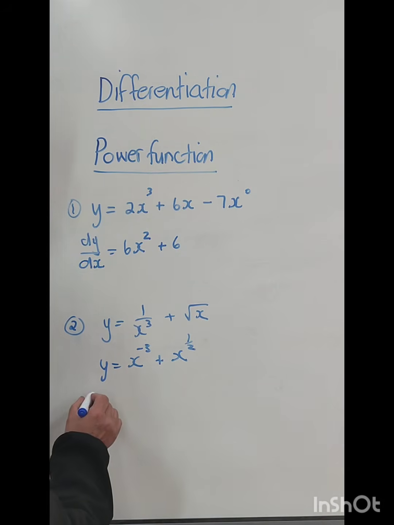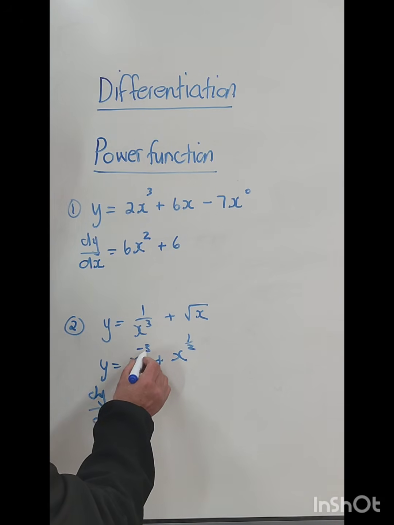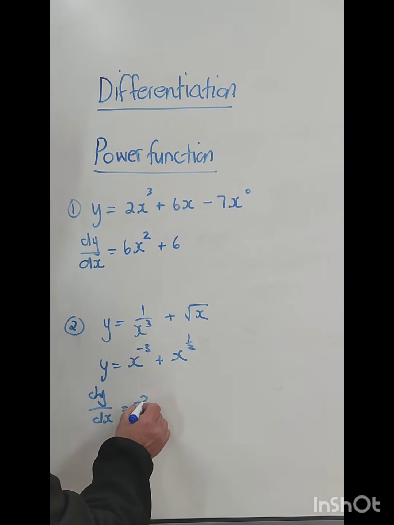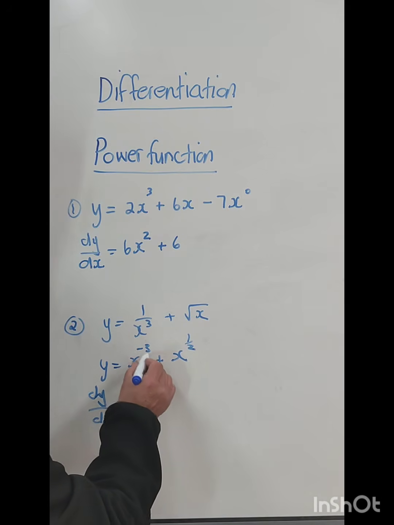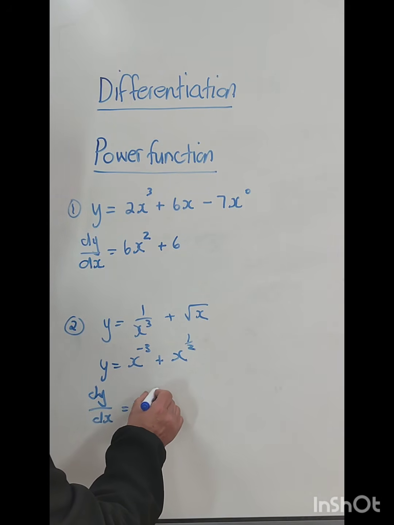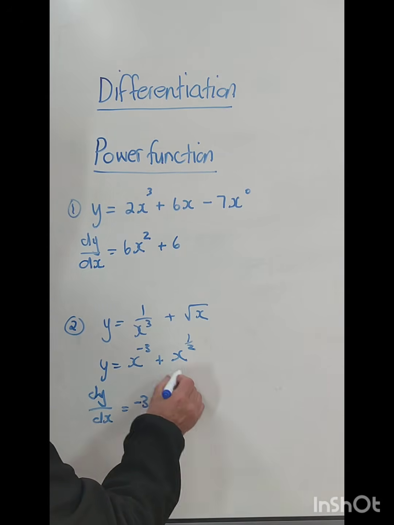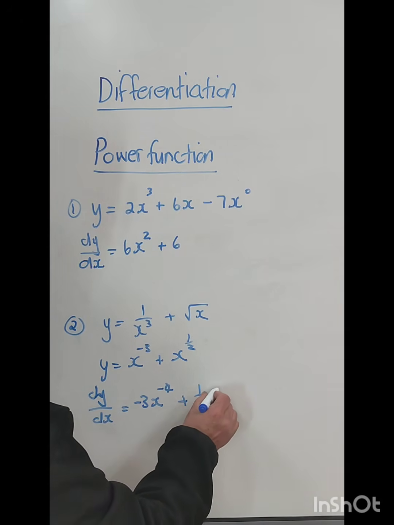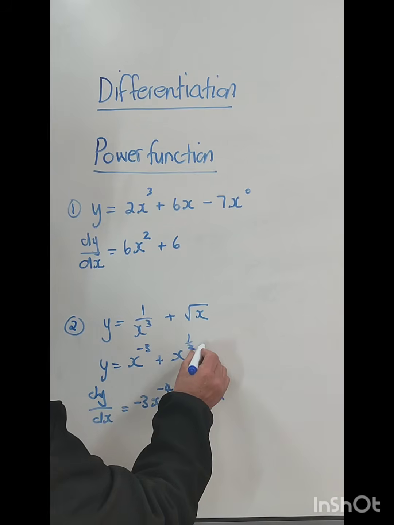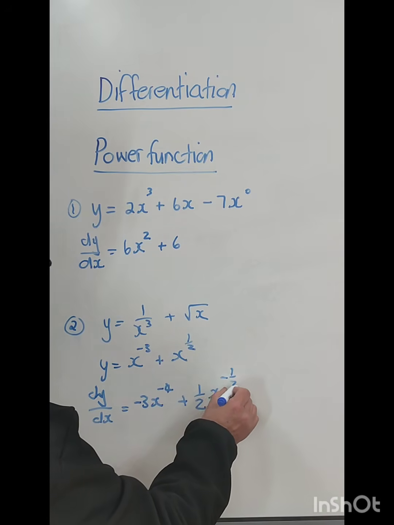So firstly, I indicate dy over dx equals, take the exponent, multiply it to the front, subtract 1 from it. So minus 3 minus another one is minus 4, plus take the exponent, multiply it to the front, subtract 1 from it. A half minus 1 is minus a half.